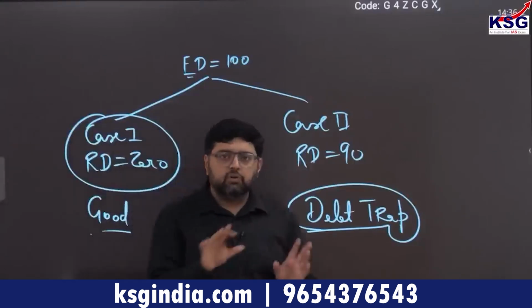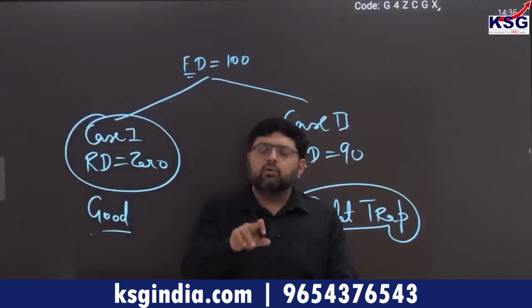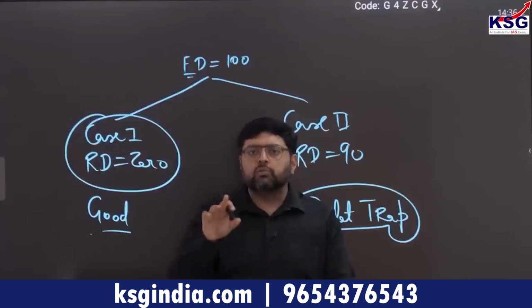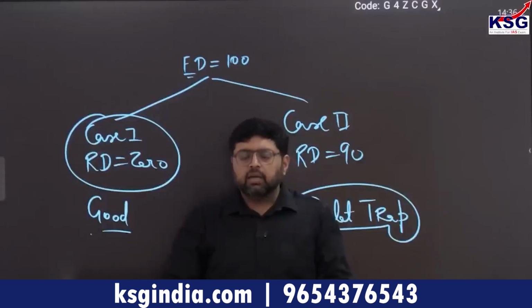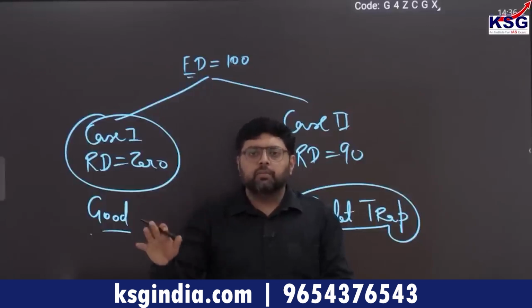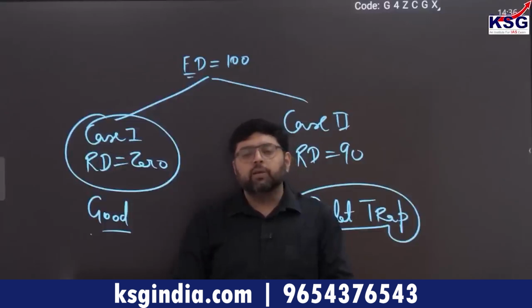One last statement: fiscal deficit talks about the total borrowing needed by the government for the budget, whereas it does not talk about where the total borrowing will be utilized.